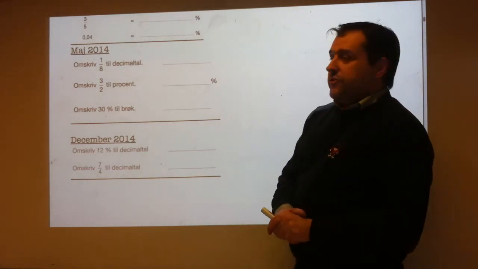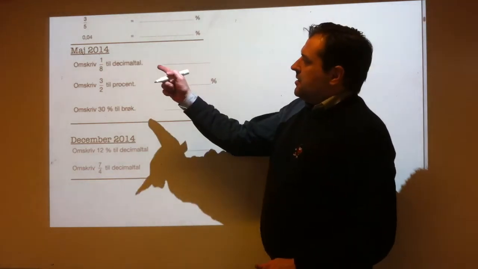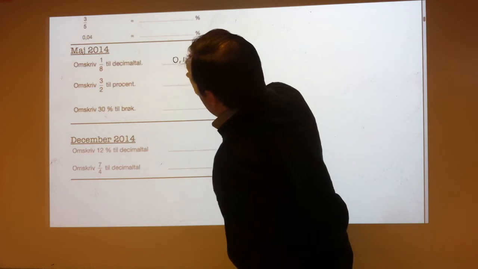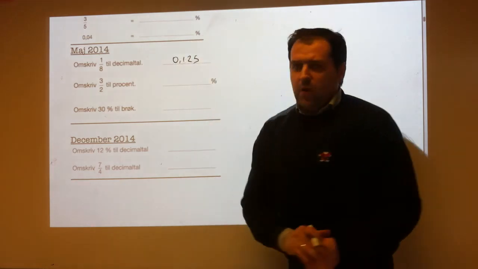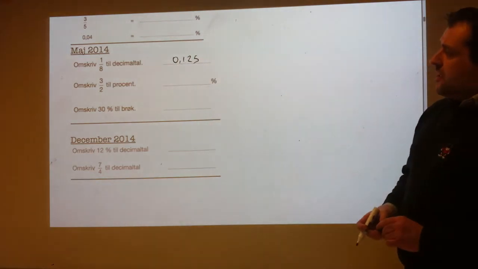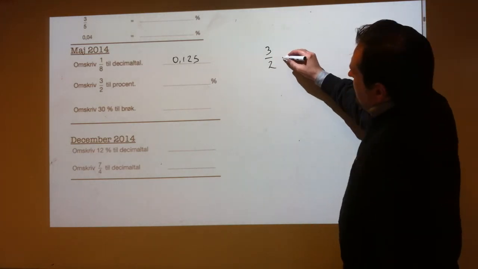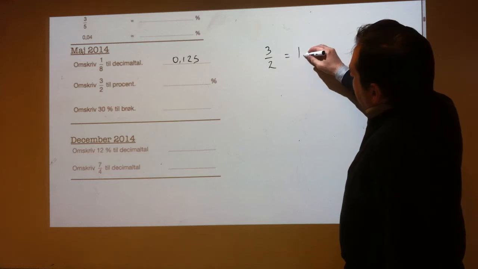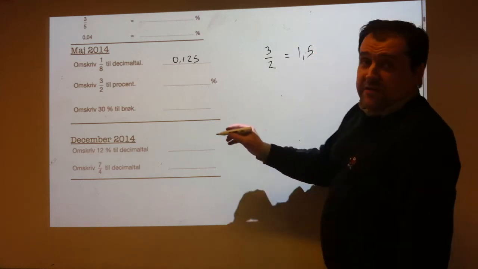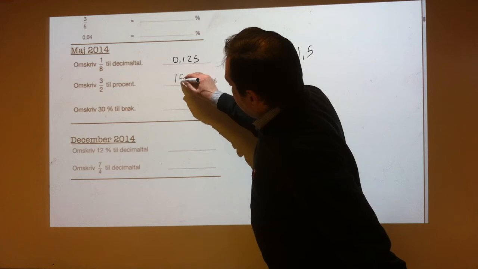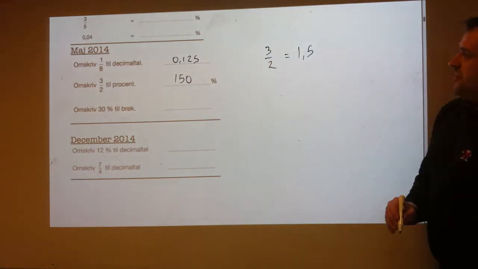And now we're all the way forward to May 2014. 1/8, you ought to know, is 0.125. 3/2 as a percent. 3/2 is the same as 1.5, or as a percent, 100 times as much, 150%.